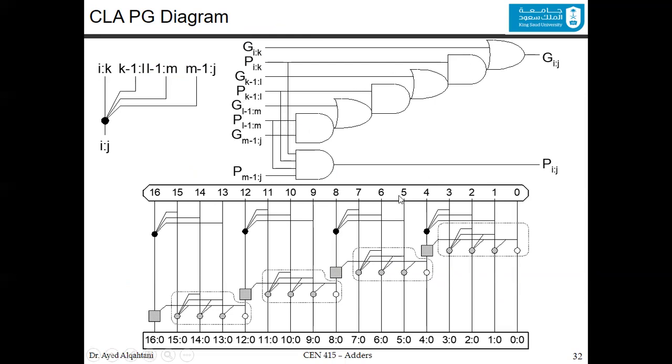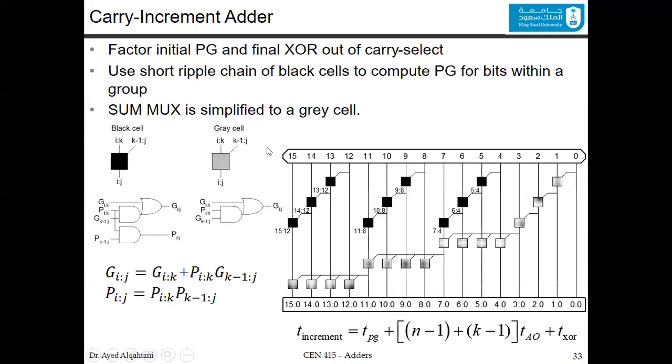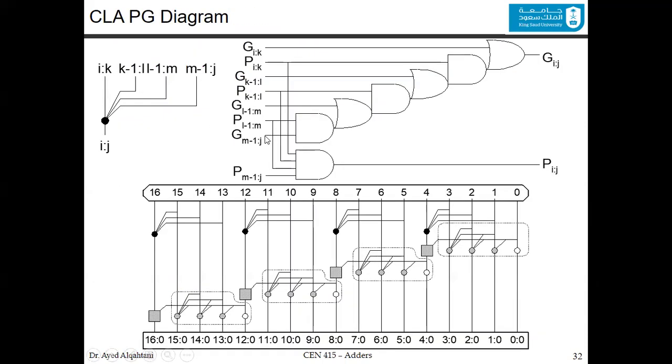So instead of drawing this every time, we can represent it using a single small black circle. So either you are generating in the same stage or propagating from the stage right before that, or the one before that, or the last one at the beginning. So you have 4 different paths for the generation, which is this one, and this one, and this one, and this one. These are the paths of the generation.